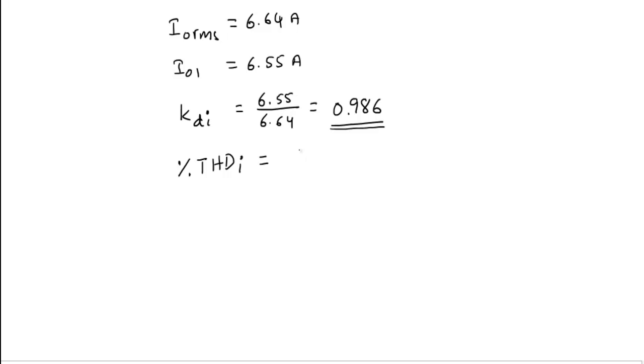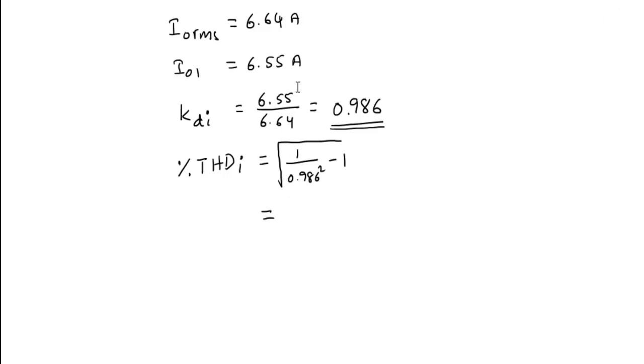A square wave will always have a THD of 40.34%. But now here inductance is connected. With that, we can see how much harmonic content is filtered out. So this is root of 1 by 0.986 square minus 1. So we need to get the value. So this is 16.56%.